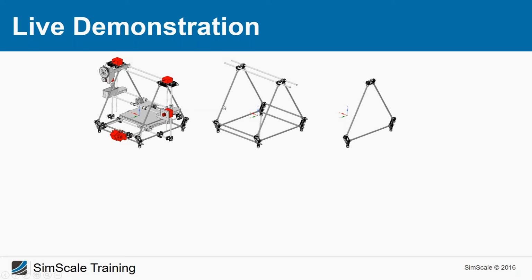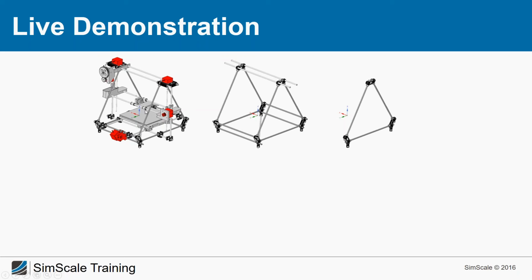So what we will do right now is investigate what the eigenfrequency of this frame is and what happens if, for example, a stepper motor is operating at such an eigenfrequency. If you would do it on a very professional level, you would really simulate the whole printer.